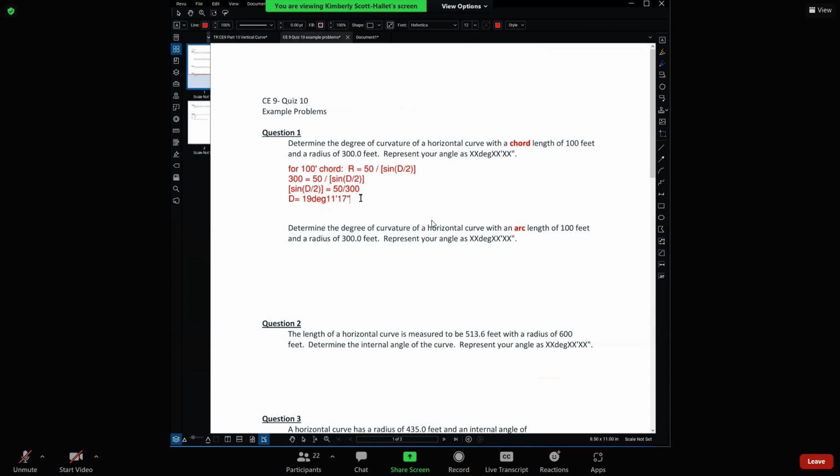So you would take the arc sine of 50 over 300 and multiply that by 2 to get this answer. So if you were given a chord, that would be the procedure that you would use.